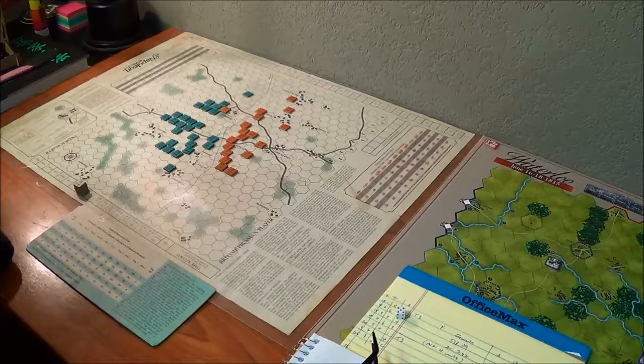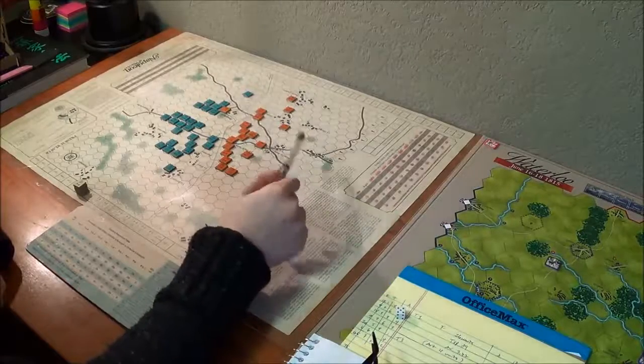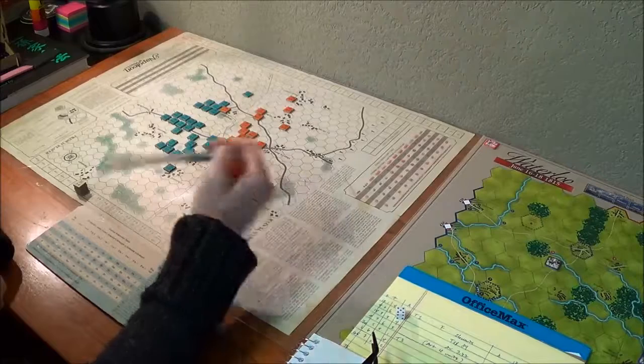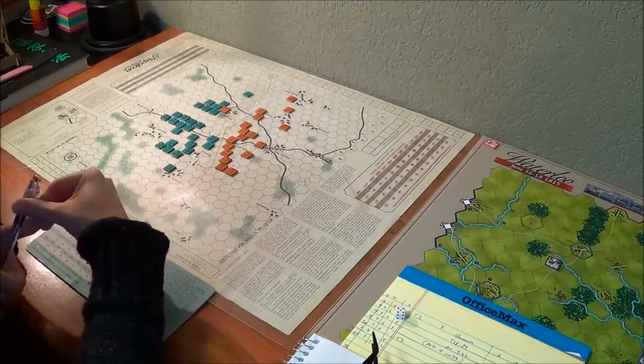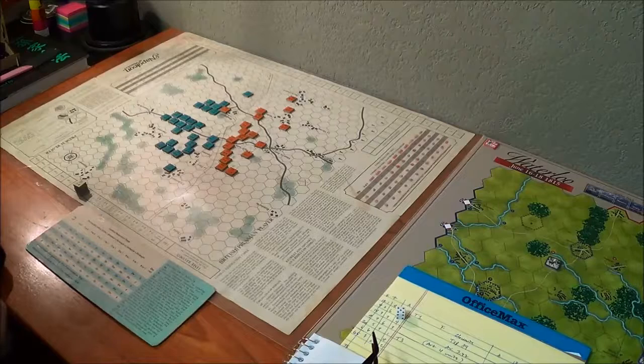maybe it has to do with the fact that the French player's probably going to be pushing in towards the north, towards these exit hexes. We are rushing to see who can be the first to eliminate 40 enemy strength points. The French also have a second condition that they have to meet.